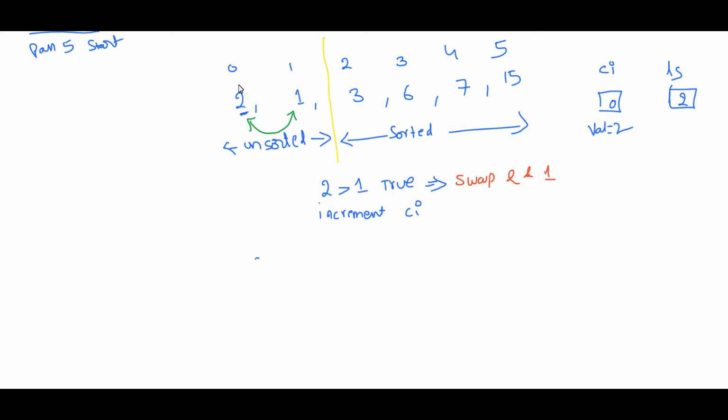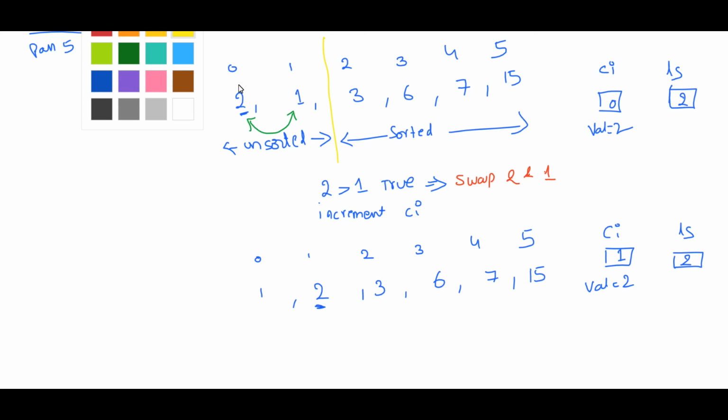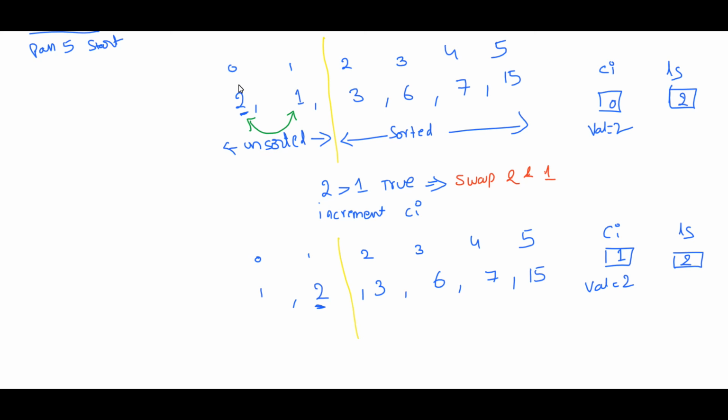So we'll end up with something like this: 0, 1, 2, 3, 4, 5, and 1, 2, 3, 6, 7, and 15. CI pointing to position 1, the value of 2, which is this guy, then ls pointing to 2, and let's draw our wall.